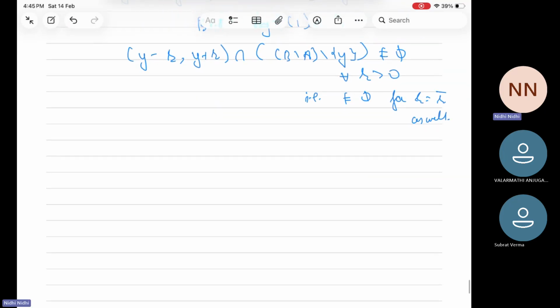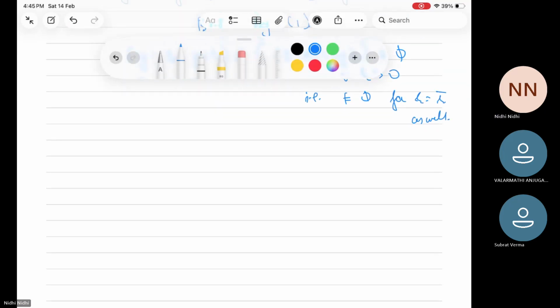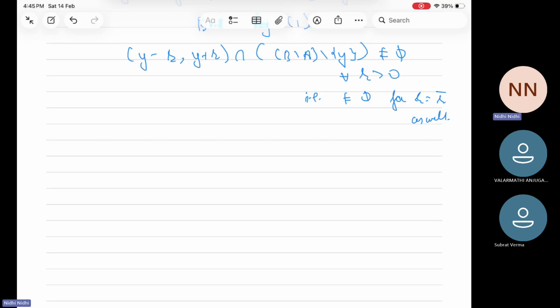You're saying that if A is closed implies the complement is open, then the complement is not open implies A is not closed.